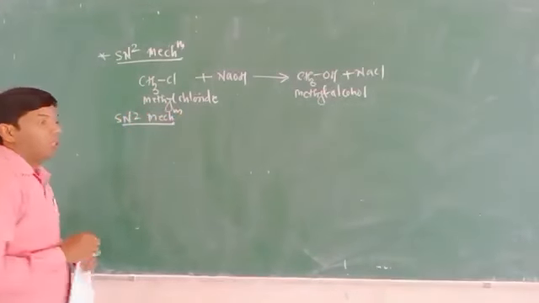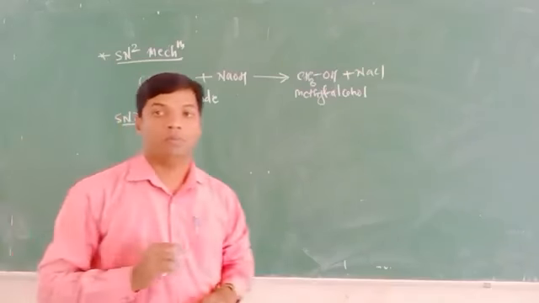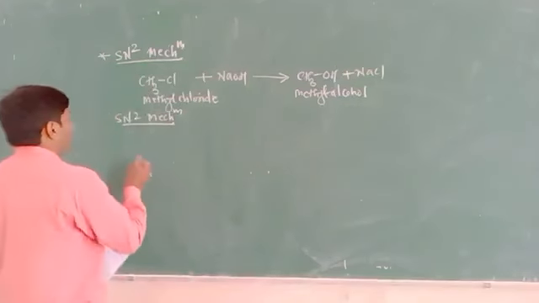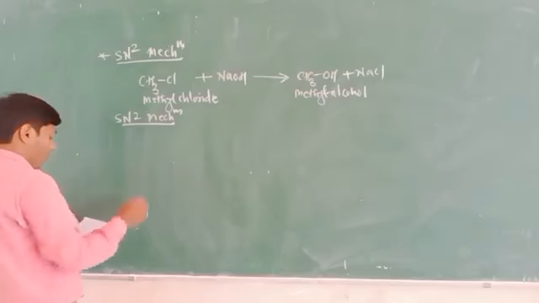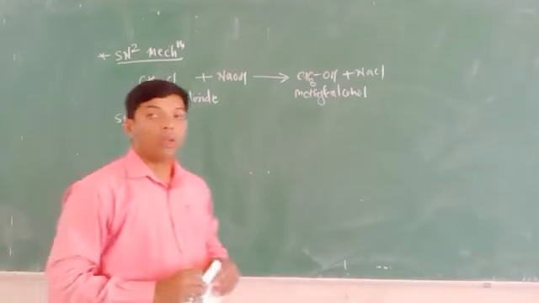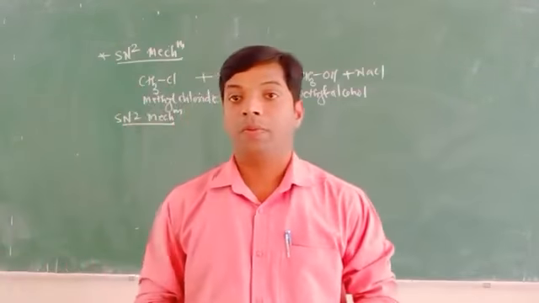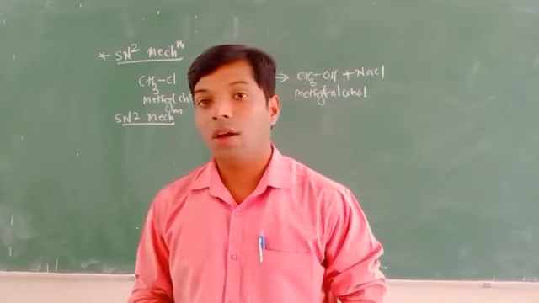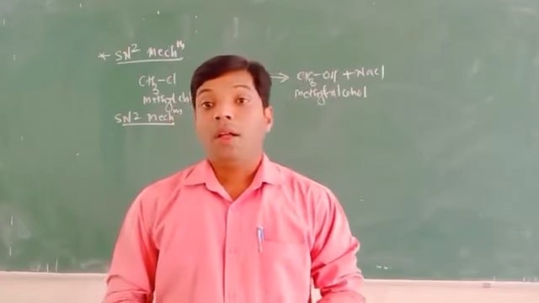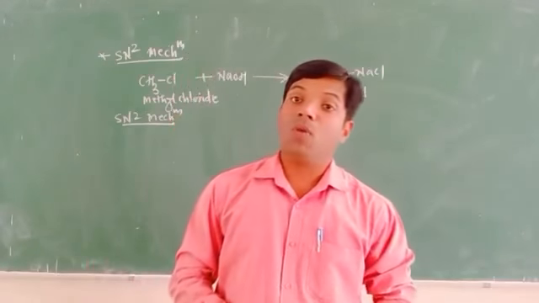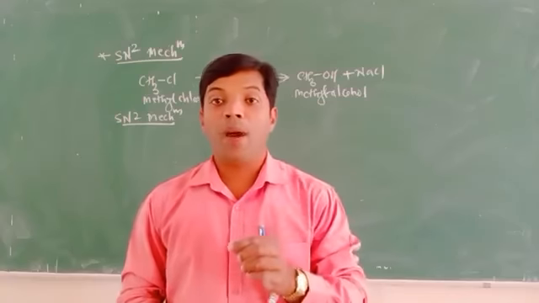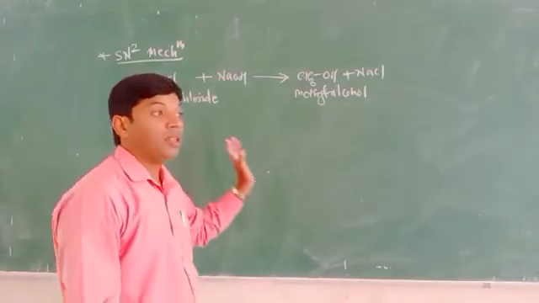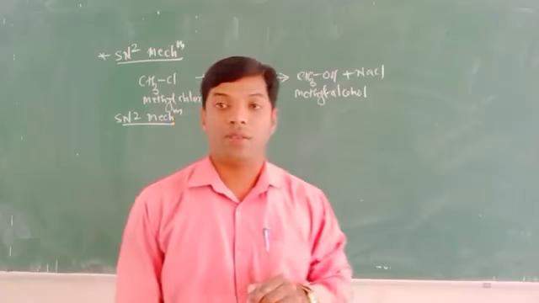In the SN2 mechanism, the reaction is explained in only one step. In this step, the nucleophile OH minus attacks the electron deficient carbon atom, and in one step only, it forms a partial C-OH bond and partial C-Cl bond in the transition state.